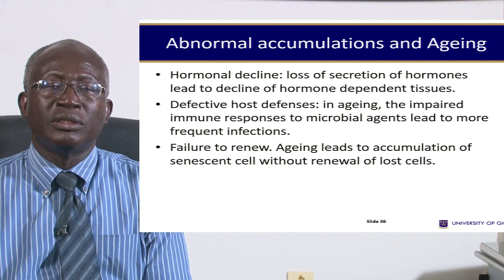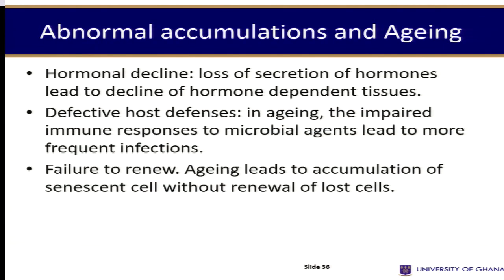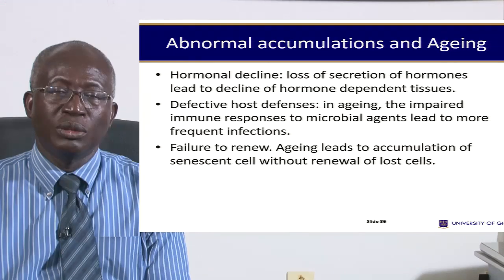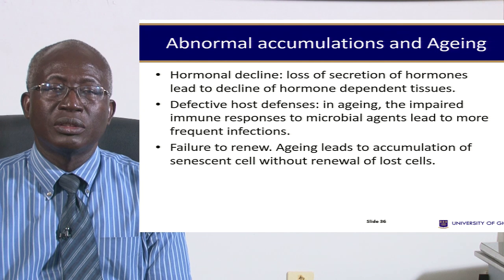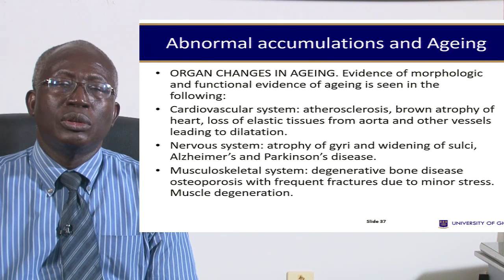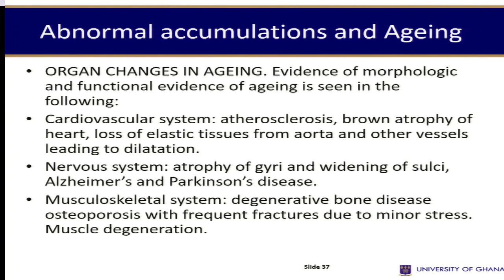The other ones are hormonal decline, that the gradual loss of hormones with age is what causes aging. Then defective host defense, immune responses to mycobacterial agents are impaired with aging. And then failure to renew. There is accumulation of senescent cells without renewal of lost cells. Despite all these theories, the truth is no single theory explains everything about aging.